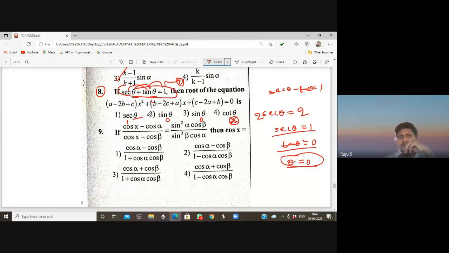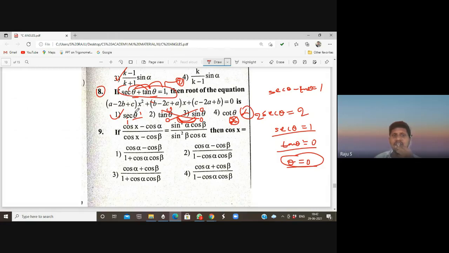Secant 0 is 1, tan 0 is 0, sin 0 is 0. But here two options are correct, while this is a single-correct question, so those two options are wrong. The first one is right, because cot 0 is infinity and we should not get infinity. The answer must be 1, the first one, I think.